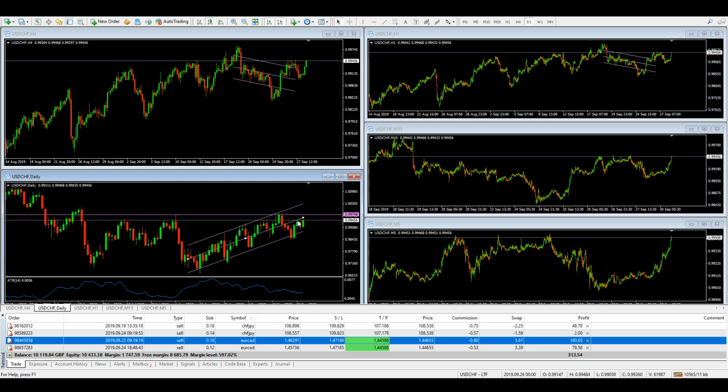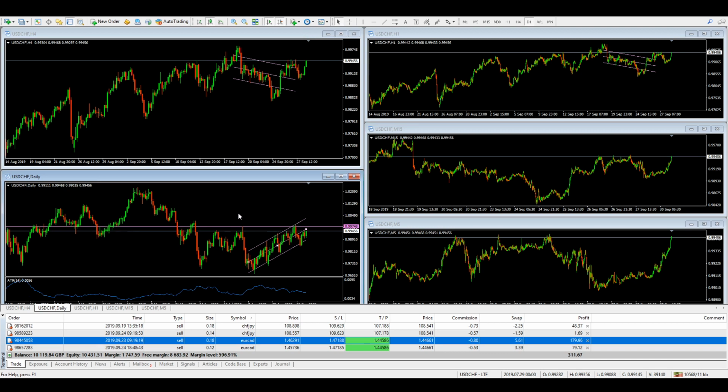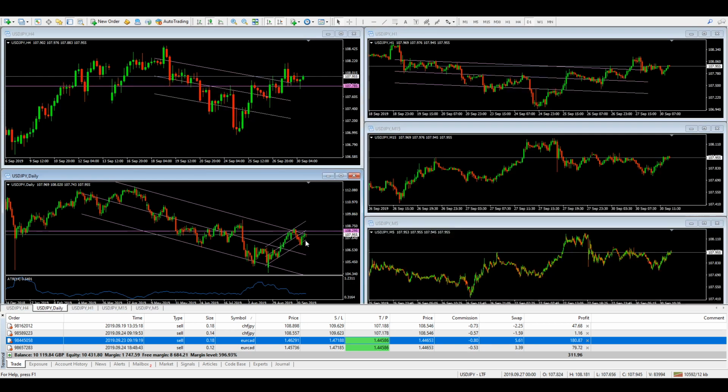So the timing on this for me would be poor because there's little potential to the upside, but not enough to make it worthwhile. It's just too risky a position in my opinion, so I'd pass on that. And USD JPY, same story as the last one. There's this retrace in place. Overall, there's bearishness, so this could break through these previous highs and move higher.